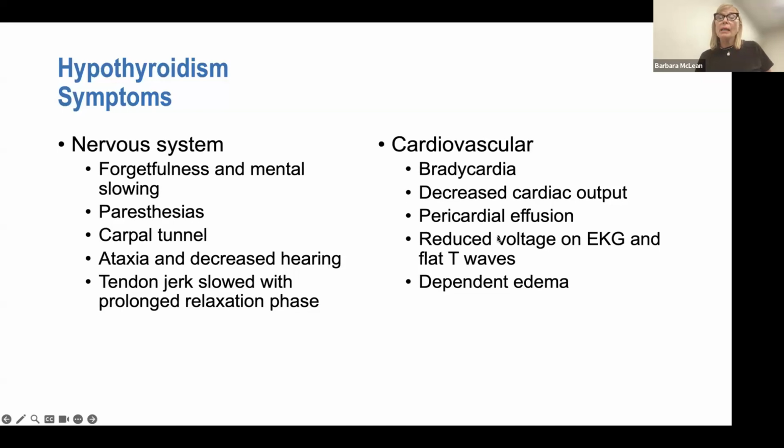If I look at them on EKG, they oftentimes will have a lot of pericardial effusion around the heart on echocardiogram, and because the effusion puts the heart farther away from the chest wall, the voltage on the EKG looks poor. Oftentimes, these patients will have very significant bilateral dependent edema. Guess what that looks like? It looks like heart failure, and it absolutely does look like heart failure.